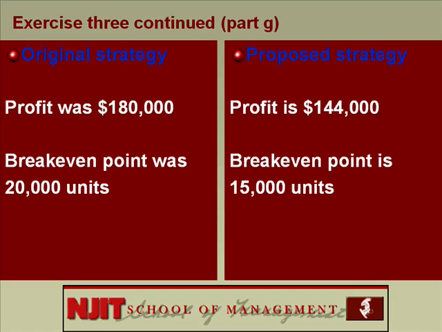But under the previous scenario, the break-even point was 20,000 units. Now it's gone down. It's 15,000 units. So you could make a case that it's a good strategy because the break-even point has declined. So if you're the boss, would you adopt this strategy or not? Yes or no? Take a few minutes and think about it.